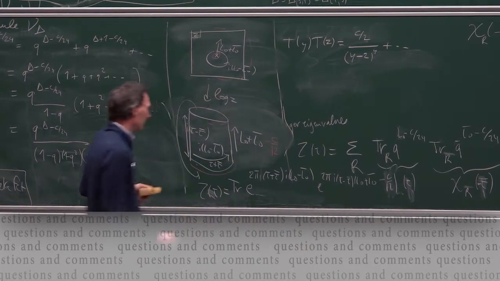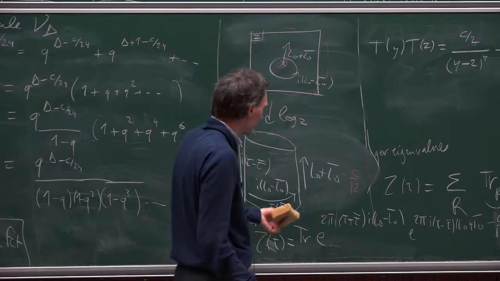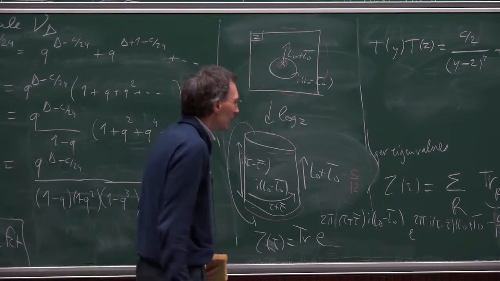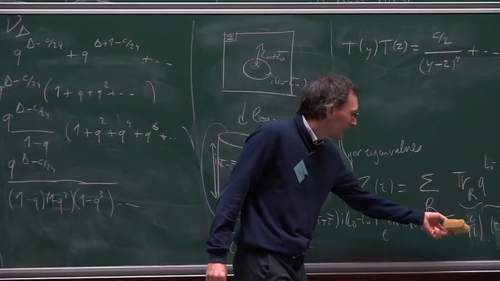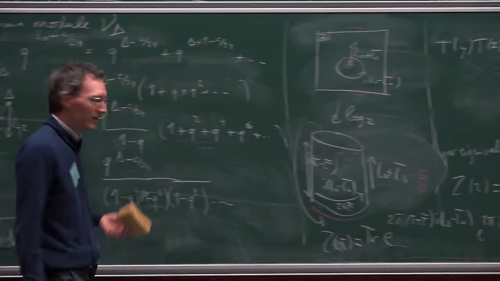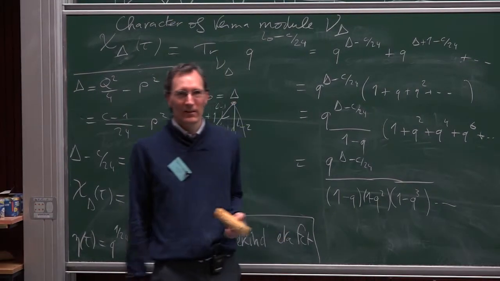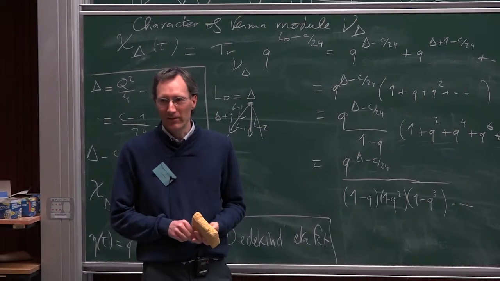Modulo possible mistakes, it should coincide with the definition of the partition function. So if your partition function is defined with this subtraction of C over 12, of course you want to define the characters with the same subtraction. Yeah, so sorry for the long answer.